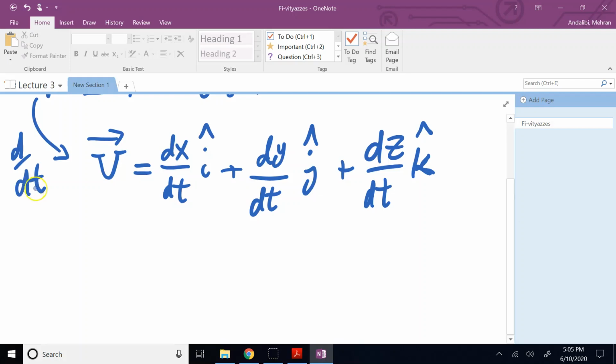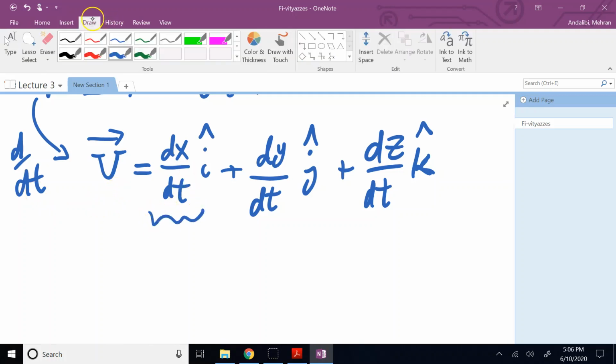So whenever we take the derivative of any parameter with respect to time only, we show that derivative by dot. So instead of dx over dt, we use x dot. So dot means time derivative. Or this one is going to be y dot, and this one is going to be z dot.